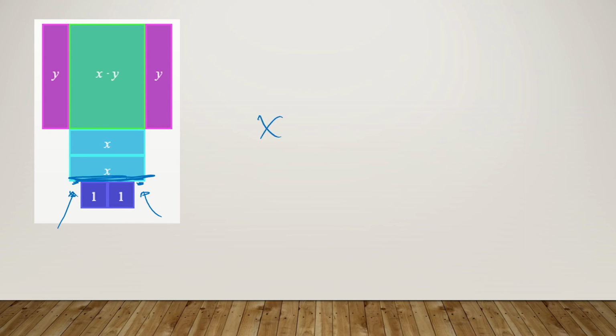So this is x minus 2. What's x minus 2? This piece and this piece together. The rest of it's pretty straightforward. This tile is a y, I've got a 1, this is x, etc. So if you could pause the video and go ahead and write down both the area and the perimeter.